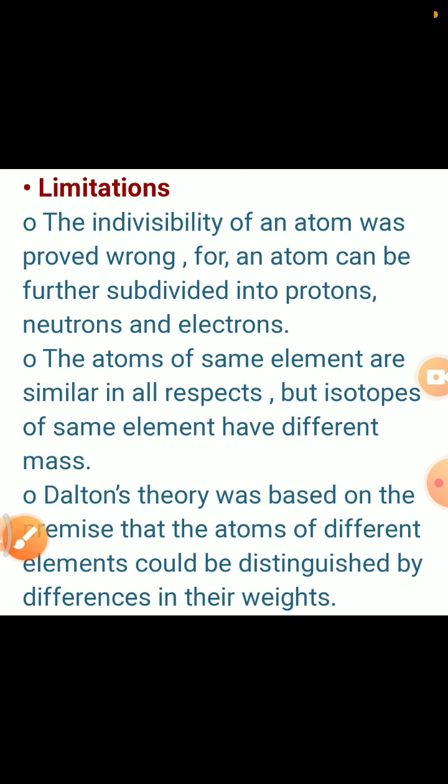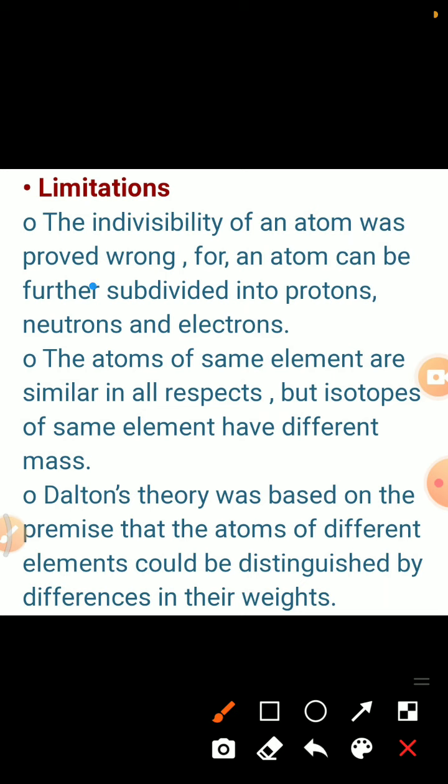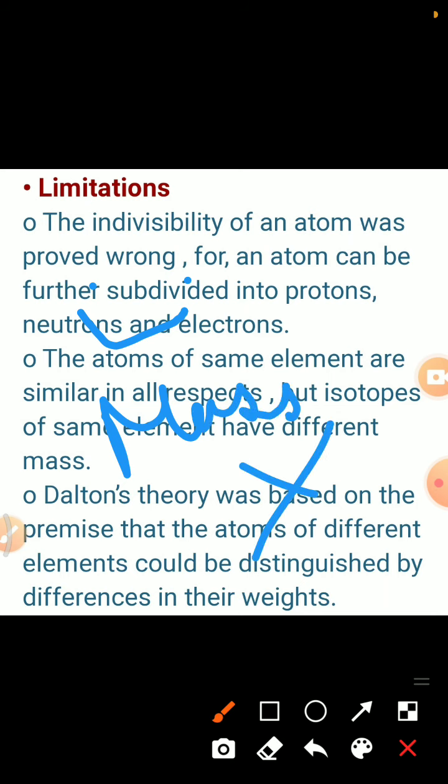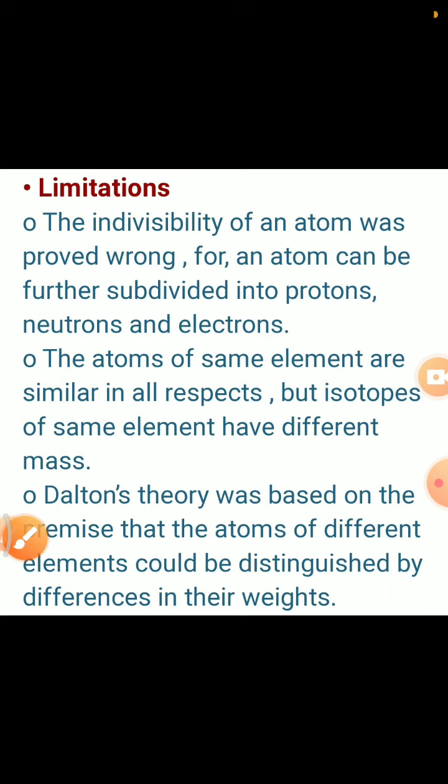But this was proved wrong: they would be the same element, but their masses would not be the same. Dalton's theory was also based on the premise that atoms of different elements could be distinguished by difference in their weight. So this was also proved wrong.